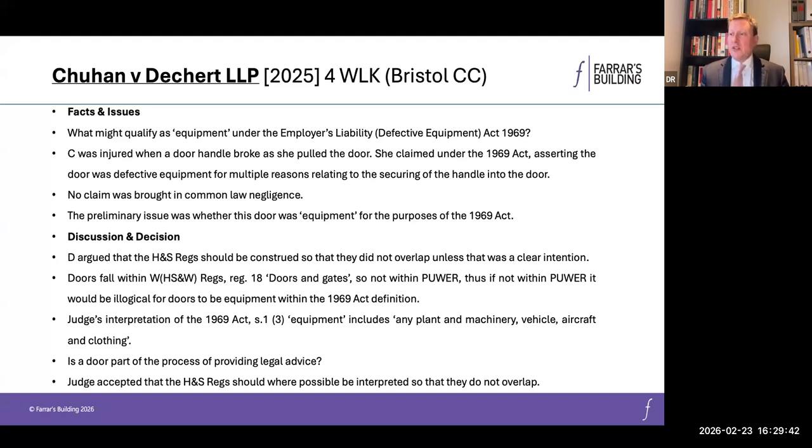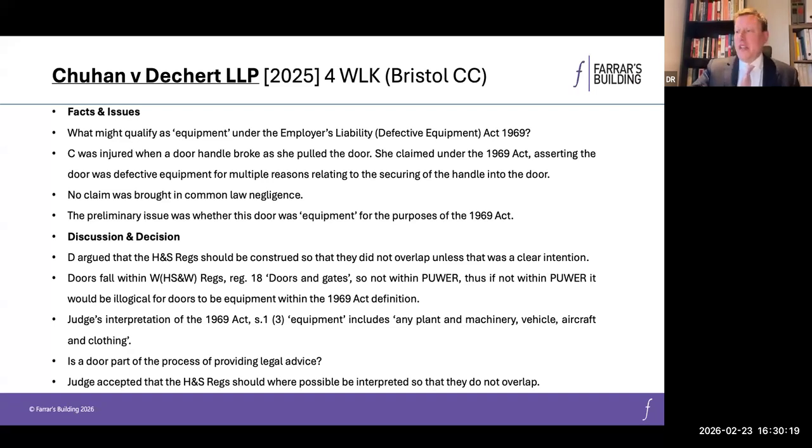And so the distinctions between the regulations, and certainly the defendant's argument that there should be a lack of overlap between them, the judge considered that to remain very important, and accepted the defendant's proposition that a number of other previous high authorities had established that you should generally interpret statutory regulations wherever it's possible to do so, so that they don't include an overlap between each other. Thus, the door in the office was not equipment within the meaning of the 1969 Act.